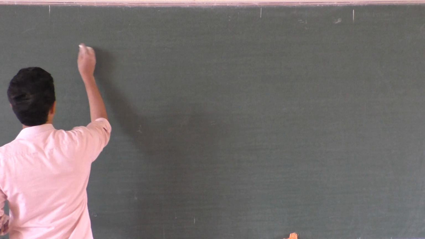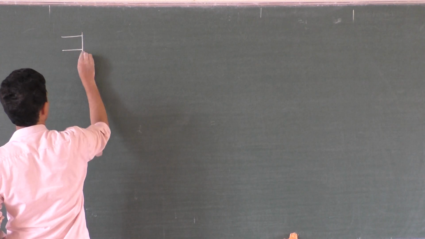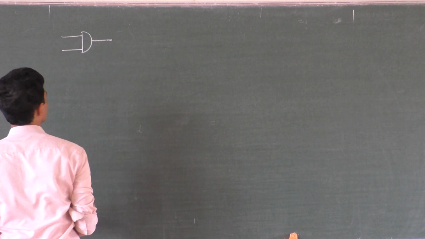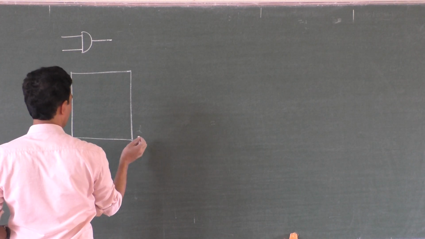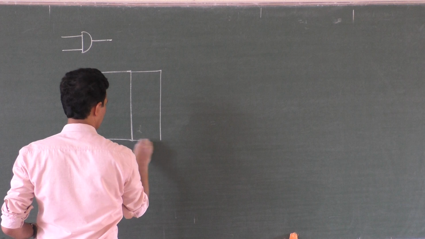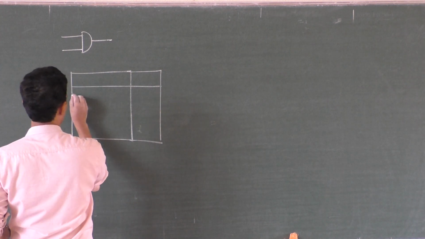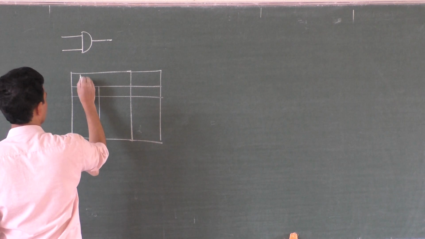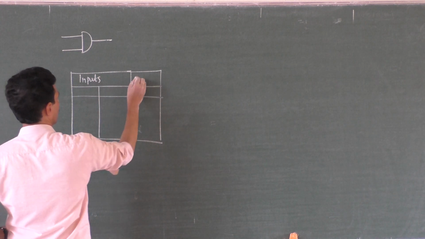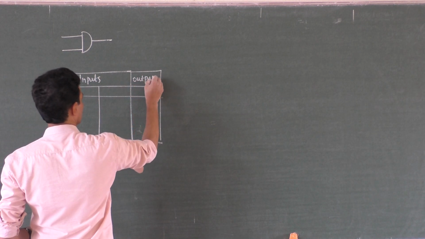What is AND gate? AND gate is a logic circuit which gives output when all the inputs are ones, A, B and everything. Okay. So A, B inputs, output. This is for AND.